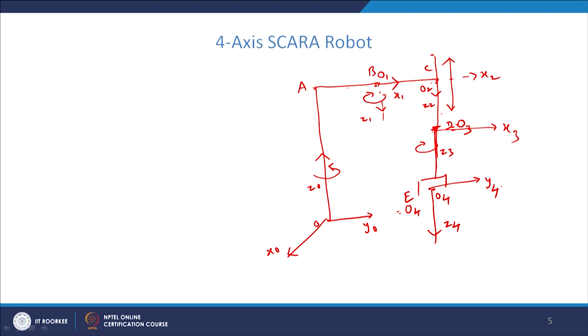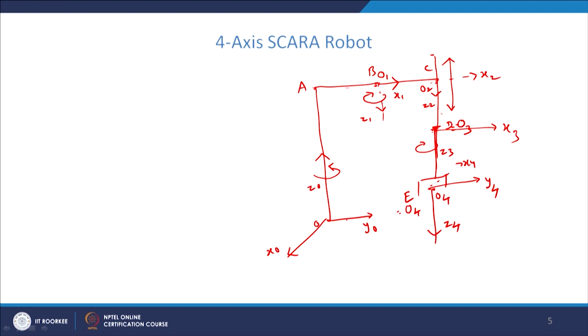And then x direction can be fixed accordingly by right hand system. So, the direction x4 can be fixed here. So, at each joint now we have fixed the x, y, z axis, and the corresponding origins are also fixed already. Now, we should find the robot parameters, the 4 parameters of the robot manipulator.